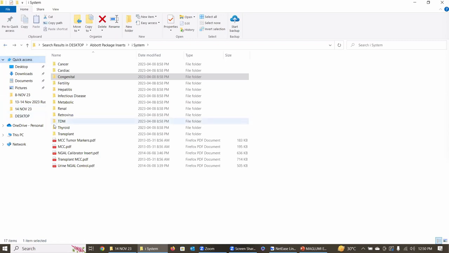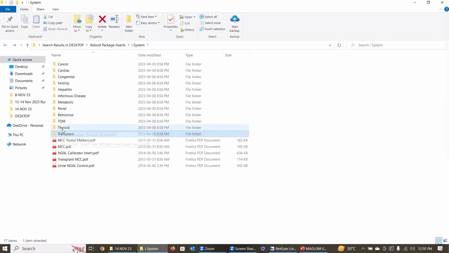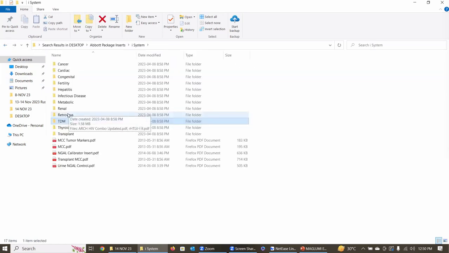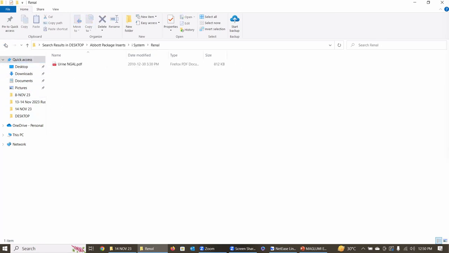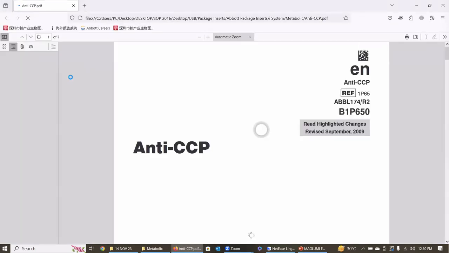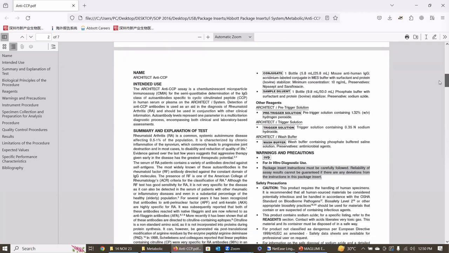Fertility. Male. Maybe they have not. Retrovirus. They have not. Renal. They have Envarsus only. For the metabolic, they maybe have anti-CCP. Exactly, they have a metabolic panel. So this is the anti-CCP Architect package insert.